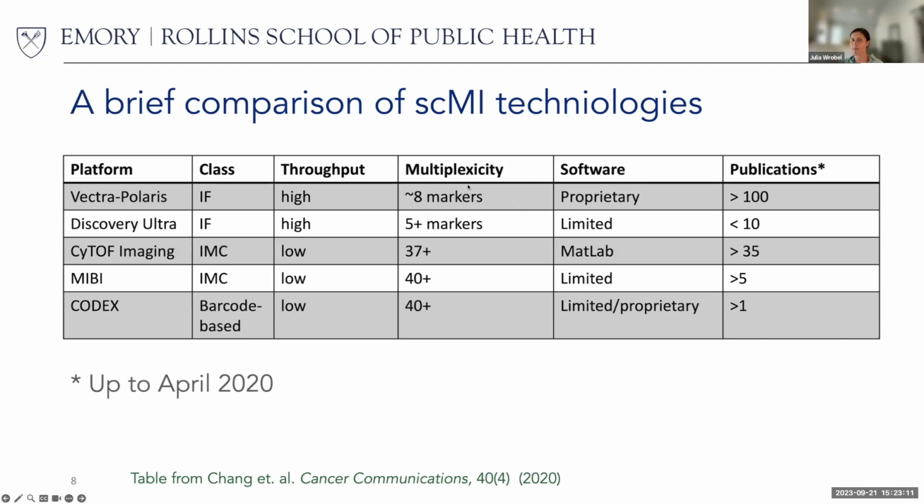You can only get about 8 markers with this instrument. There are other multiplex imaging modalities that can have as many as 40 or 50 markers, but the image processing pipelines for those are not as well developed, and I would say the data quality is often not as good. So there are trade-offs.